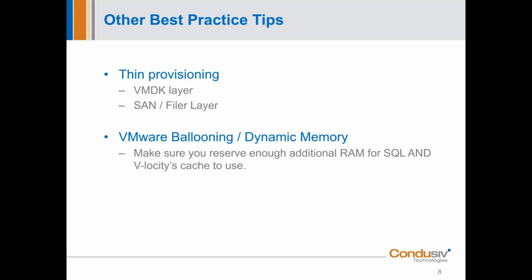Otherwise, too much RAM in the VM will become driver locked by the hypervisor's ballooning driver, and that might mean that Velocity might not get enough RAM to cache effectively. Remember, Velocity is the first thing which will relinquish memory back. So if you make sure that you've got enough RAM to cache with effectively, you'll get best results. If you're using a fixed amount of RAM on your SQL VM, that's not an issue. You don't need to worry about that.